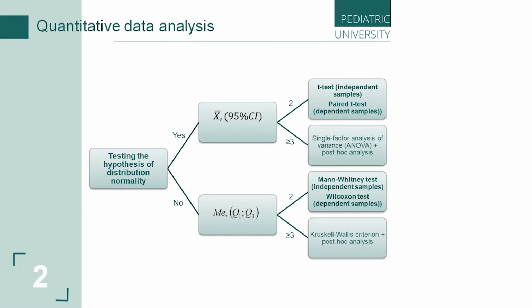And if we are comparing more than three groups, and there is a normal distribution law in the samples, we have to use a one-factor analysis of variance and then posterior comparisons of each group to each other.